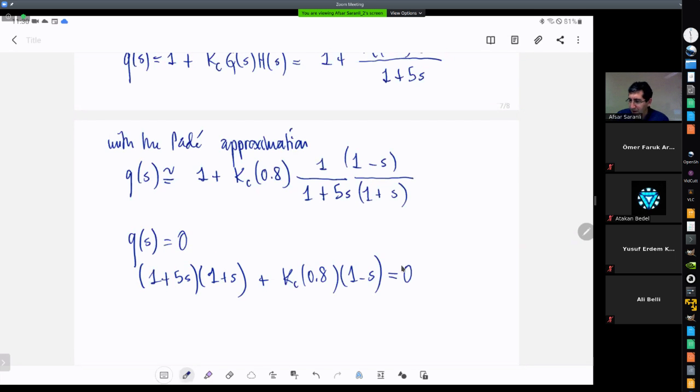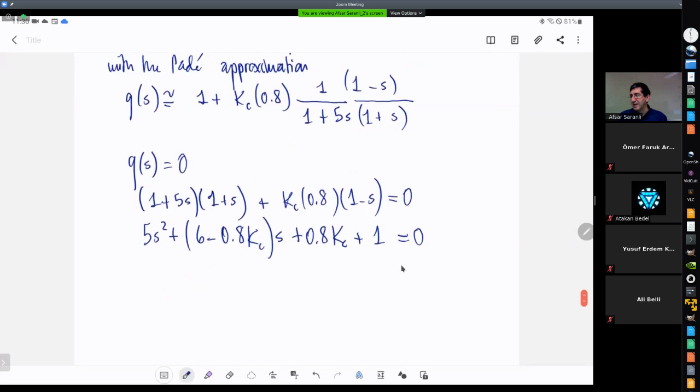Okay, so if we regroup that, we will have 5s squared plus 6 minus 0.8 Kc times s, where terms are grouped together, plus 0.8 Kc plus 1 equals 0. So this is your characteristic equation that needs to be solved.